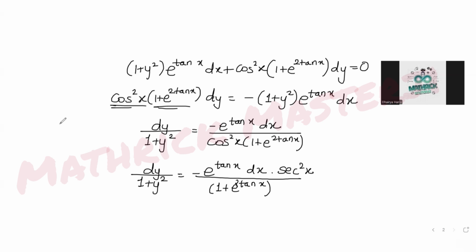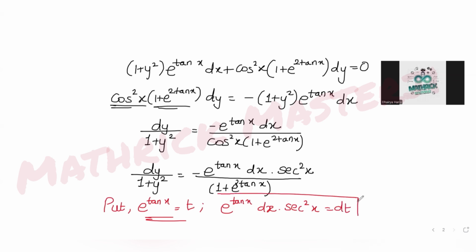If I do substitution here, I can put e raised to tan x as, let's say, t. Then e raised to tan x dx into the derivative of tan x, because we are using the chain rule, so it becomes sec square x, and the entire thing becomes dt.